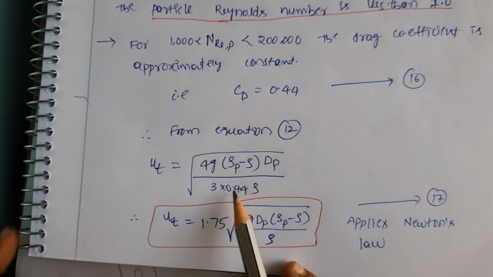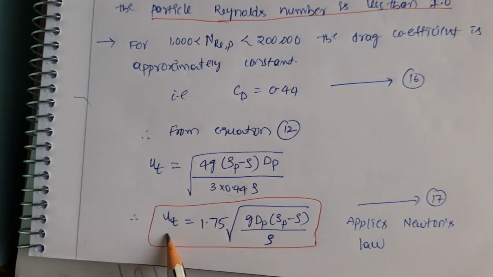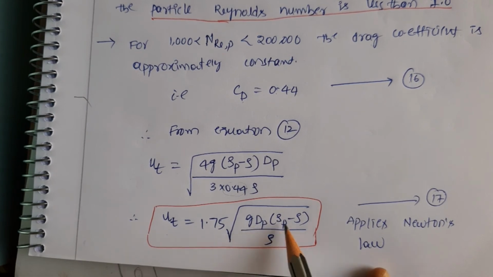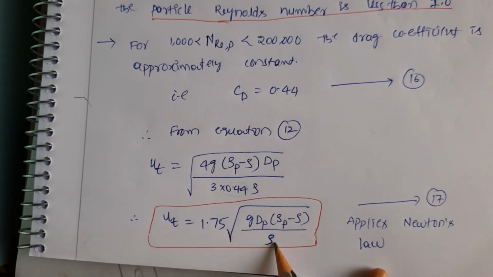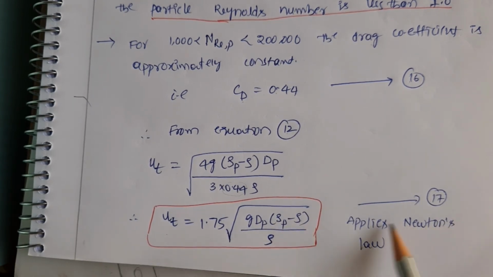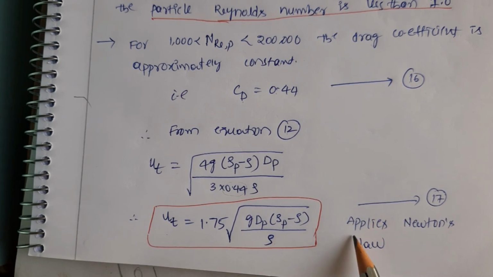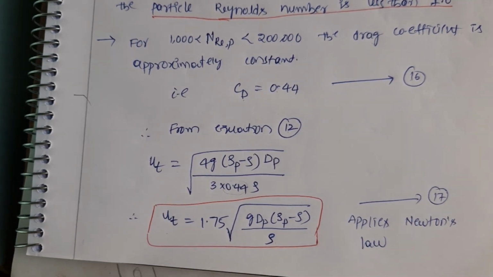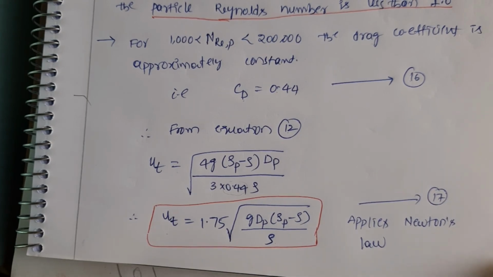By substituting this and simplifying, you will get ut equal to 1.75 times the square root of g dp (ρp − ρ) divided by ρ. Here ρ is the density of the fluid and ρp is the density of the particle. So this applies in the Newton's law region. Okay, clear? We will see the solution for the problem.